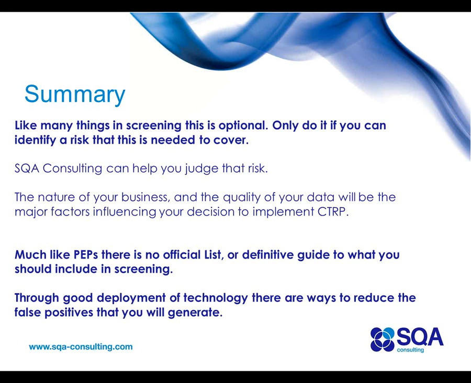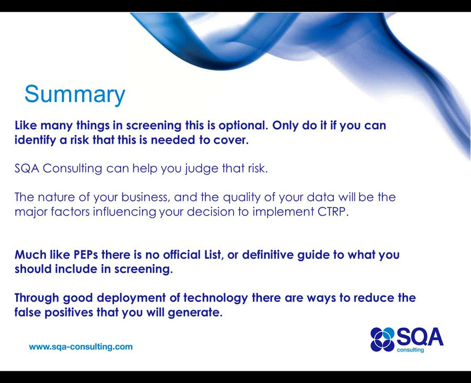What have we got out of it in summary? Well, this is useful: do it to cover a risk you've identified. I'm sure that some of you will consider this a risk in your business. Much like PEPs, which is another topic we could cover, there is no official list or definitive guide to what you need to screen.